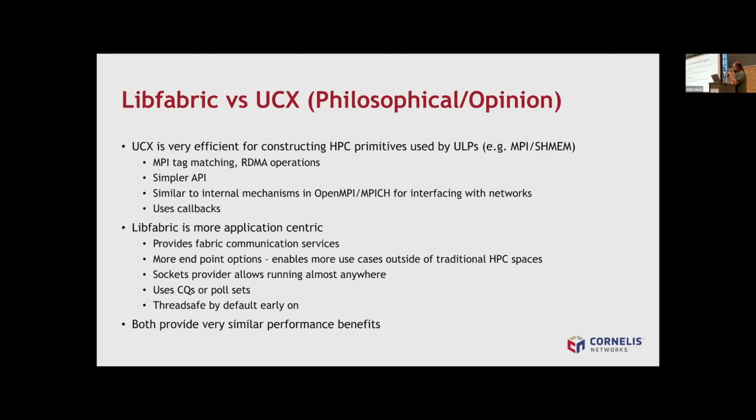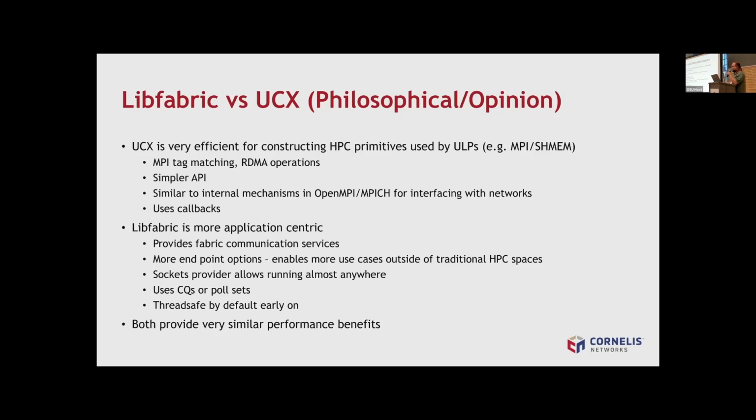I would argue LibFabric is a little more application centric, a little higher level up. It still provides low level services, but I think it's targeted slightly higher up. There are more endpoint options, like I said earlier, which can get you to some non-traditional HPC spaces. Early on, there was a socket provider for LibFabric. I think there's one in UCX now.